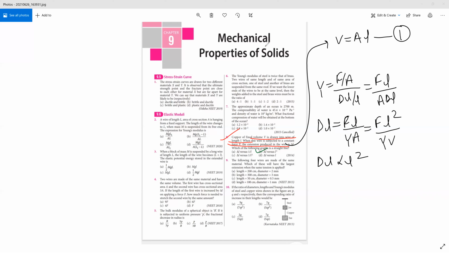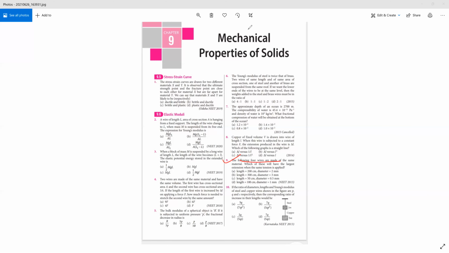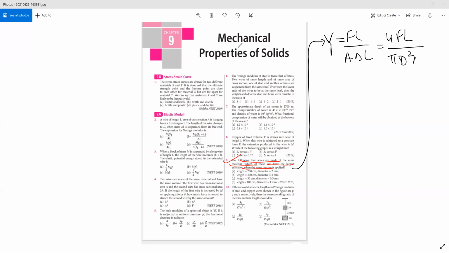9th one, the following 4 wires are made of same material. Which of the following has highest extension when same tension is applied? So ninth one is calculated by using formula Young's modulus Y is equal to FL divided by area into delta L. That's equal to 4FL divided by pi d square into delta L, or delta L is equal to 4FL divided by pi d square into Young's modulus.